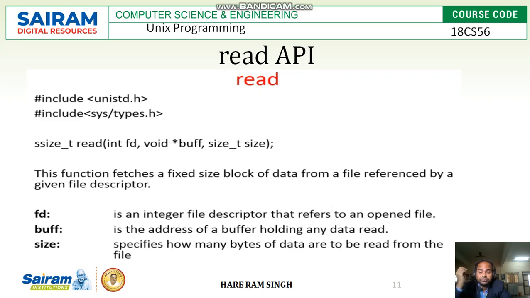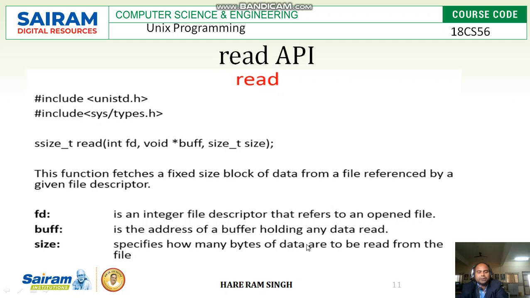Here fd represents the file which needs to be read. fd is an integer file descriptor that refers to an open file from where we are going to read the data. Next is *buff. So *buff is the address of a buffer holding any data read. So this buffer holds the address from where the data need to be read from this file. And next, size_t size.